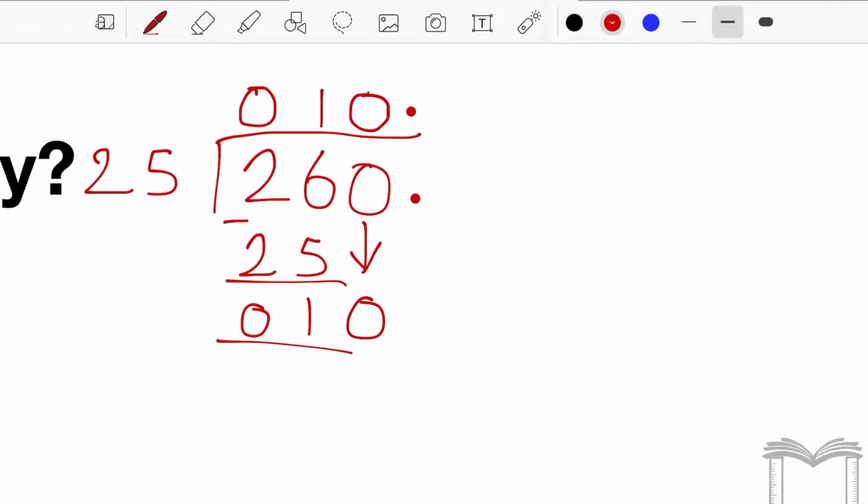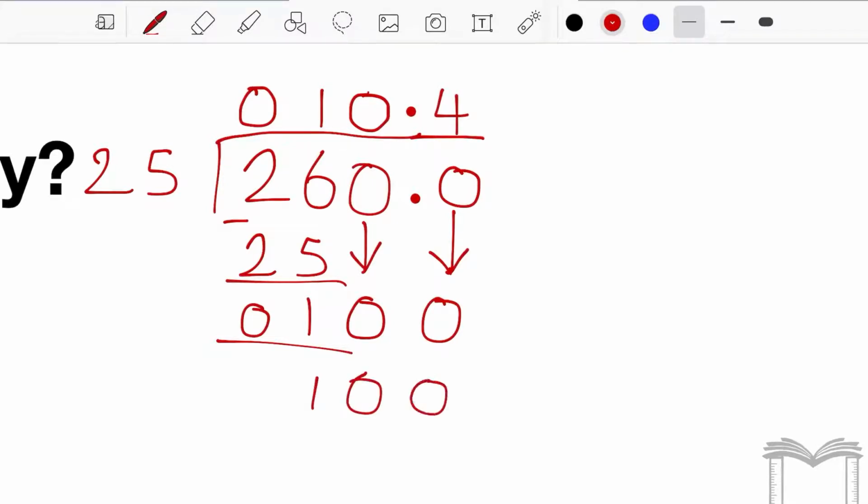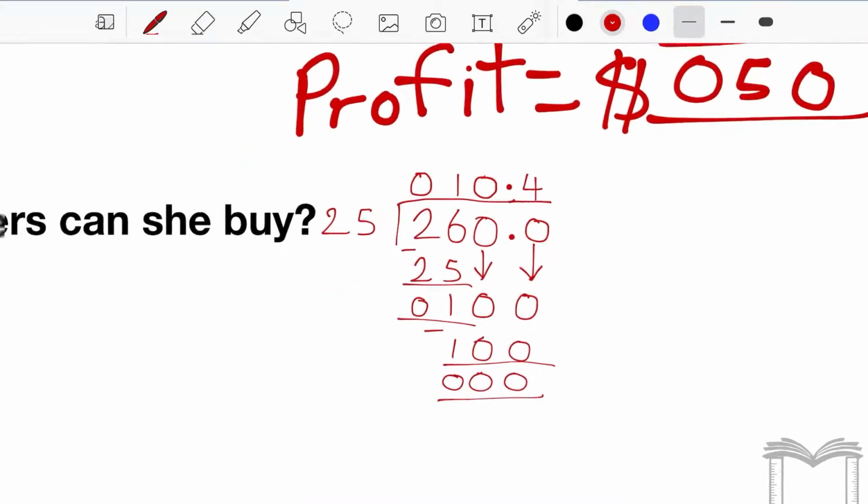So here we can introduce a decimal point. Add a 0. Bring it down. 25 into 100 is 4. 4 25s are 100. Subtract, we get 0. So the answer is 10.4.